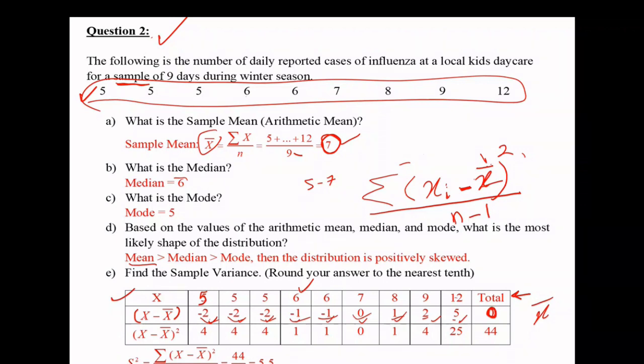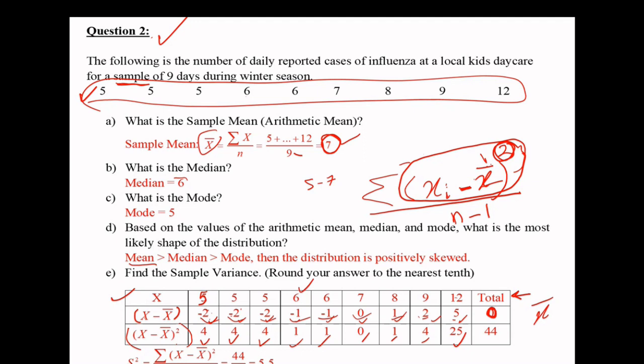But actually what I need is the sum of xi minus x bar, all squared. So I need to square these values. Minus 2 squared becomes 4. Minus 1 squared is 1, 0 is 0, 1 is 1, 2 squared is 4, and 5 squared becomes 25.